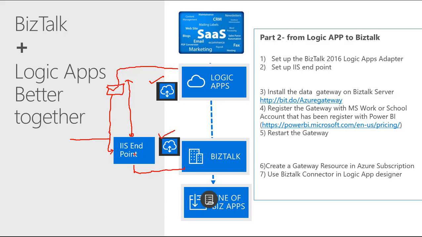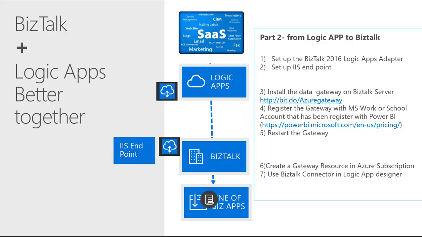But remember that at no moment are we exposing the machine or the BizTalk server to the internet. Whatever is happening is via this secure tunnel of the gateway. So this gateway plays an important role in ensuring that the communication is secured and encrypted and things like that.